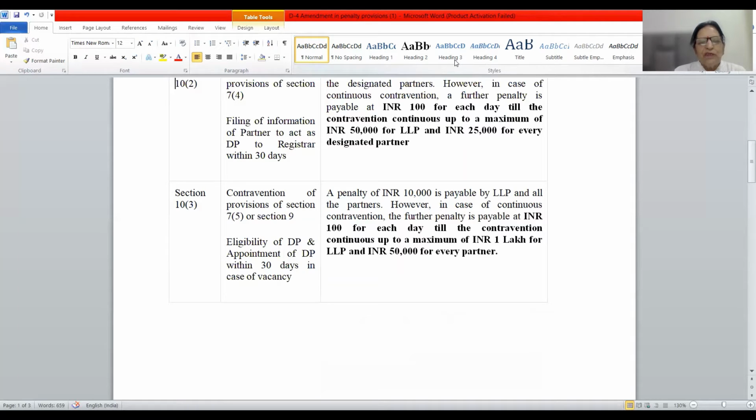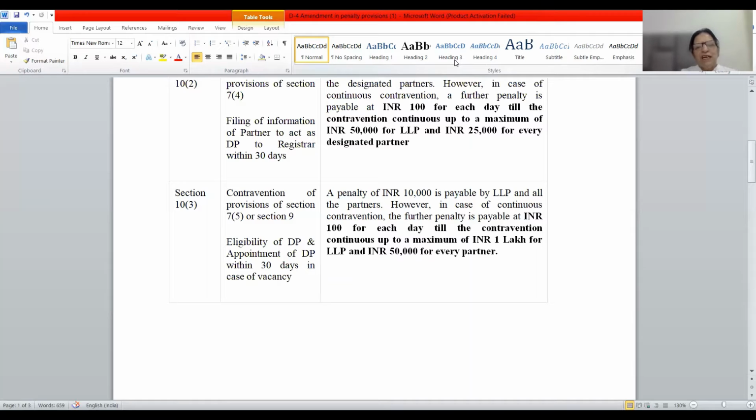So, when is a partner not eligible or disqualified to be appointed as designated partner? There are 4 to 5 points which have been contained under section 7, subsection 5.